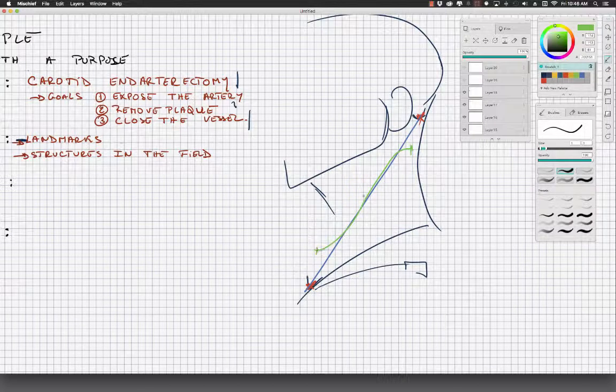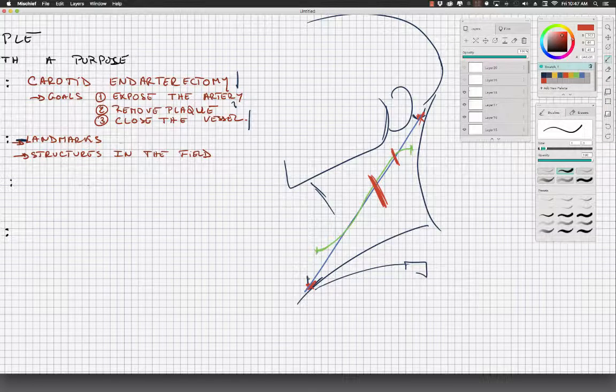Alright, what are the structure in the field? At the level of the skin, there's a posterior auricular nerve here that is superficial and supply the ear. There's the external jugular vein, that may be in my field, across here, and that's essentially it for the superficial structure.